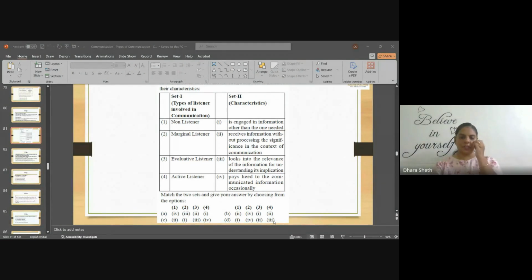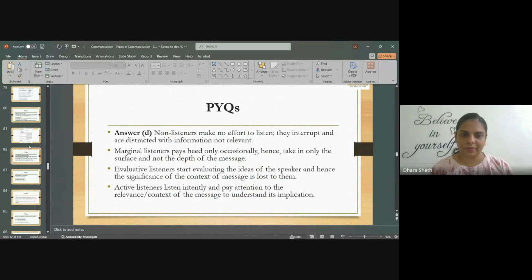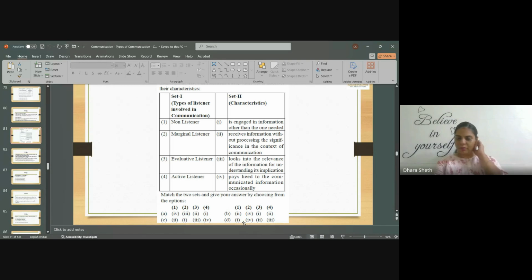If you had to match these characteristics to non-listener, marginal listener, evaluative listener, active listener. The answer is B.